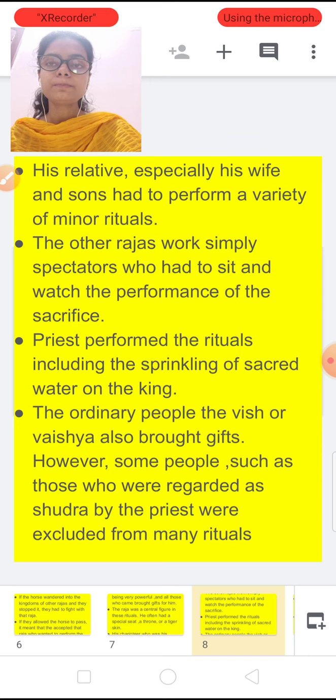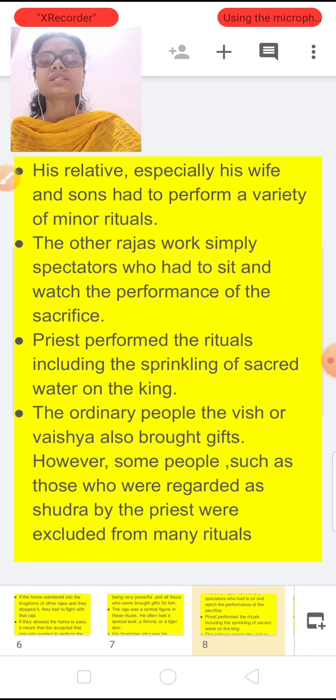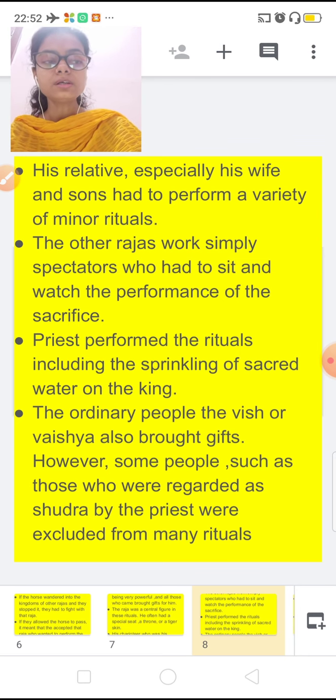The ordinary people, the Vish or Vaishyas, also brought gifts. However, some people, such as Shudras, those who were regarded as Shudra, were not allowed in these kinds of rituals, or we can say they were excluded from this ritual.